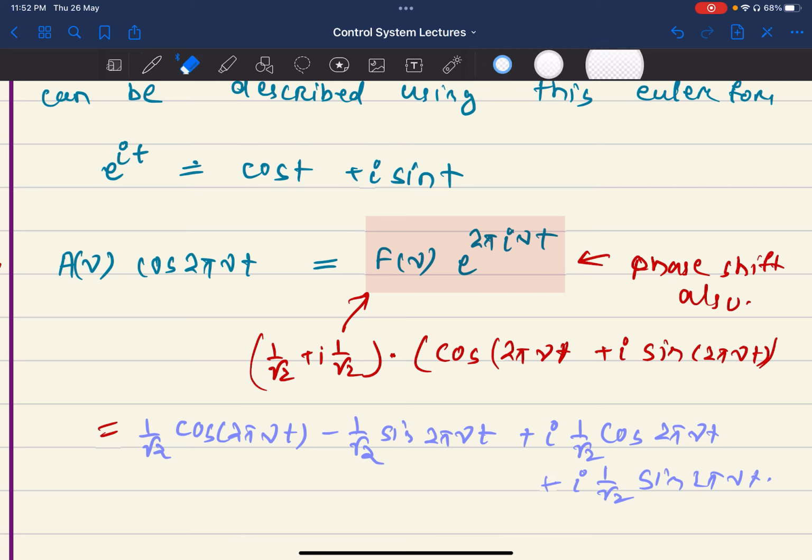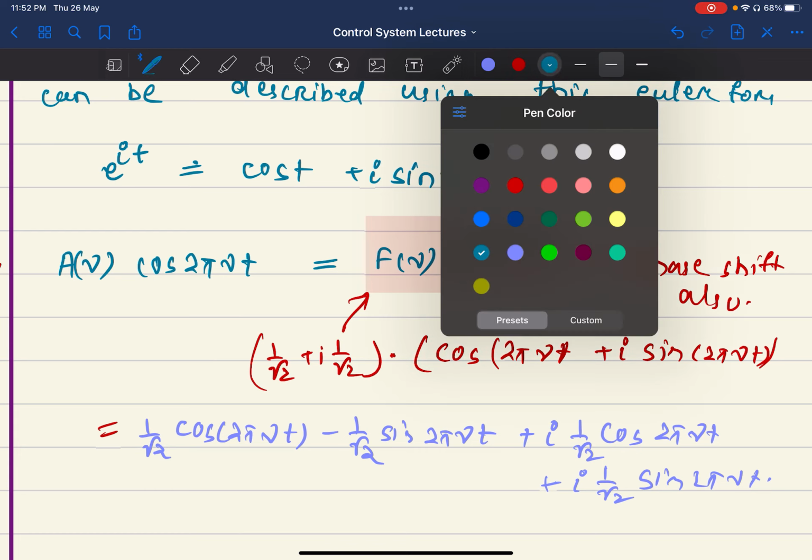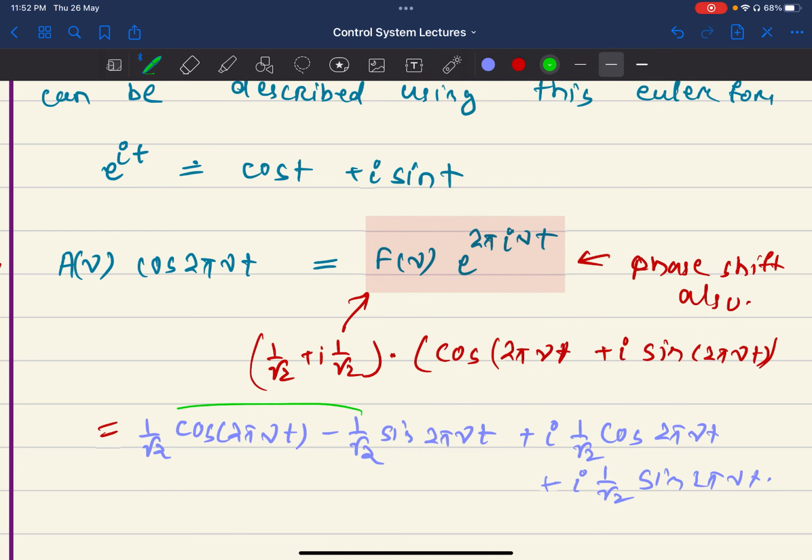So this part, in green color, is the real part, and this term is the imaginary part.